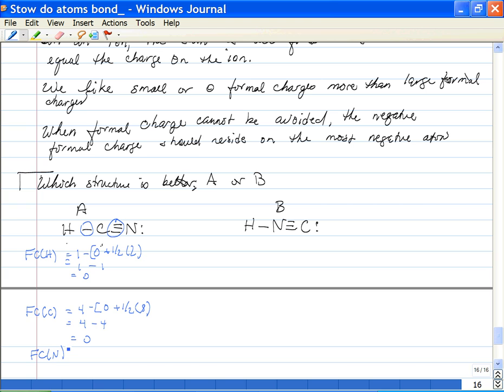So half of 6 is 3. 2 plus 3 is 5. So you end up with 5 minus 5. The formal charge on nitrogen is 0. So this would be an awesome structure.